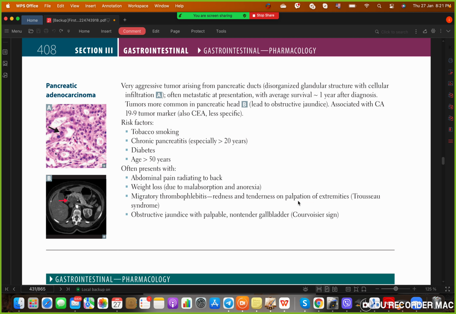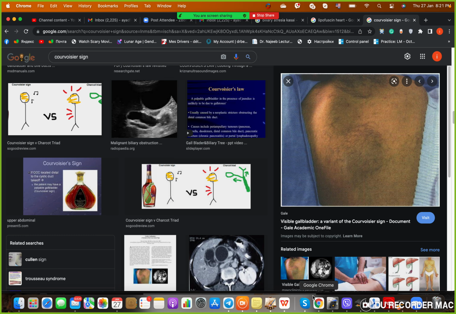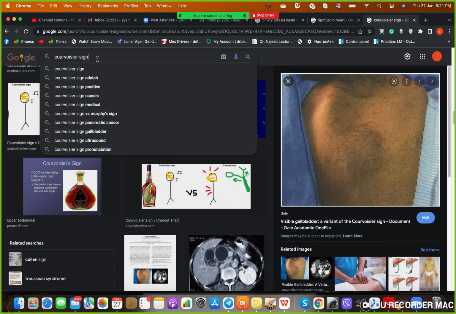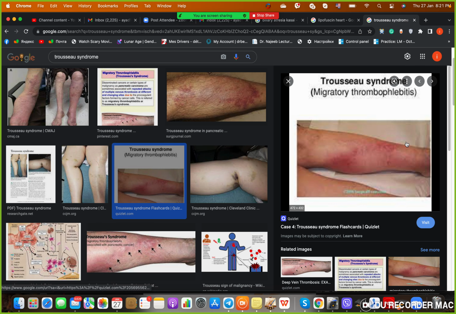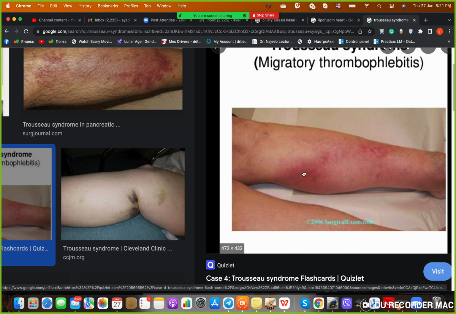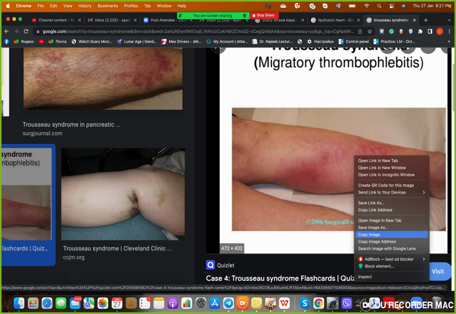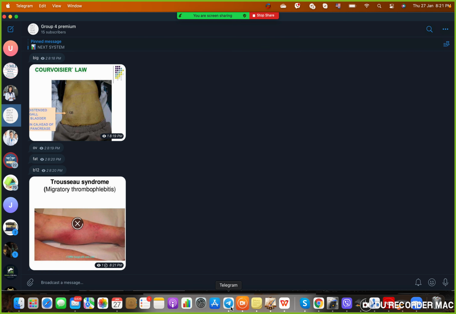Okay, so hypercoagulable state will lead to obstruction of the veins, which can precipitate Trousseau, not sign, but syndrome. So when you take a look at the Trousseau syndrome, you can see that there is a massive thrombophlebitis on the leg. What about Trousseau sign?